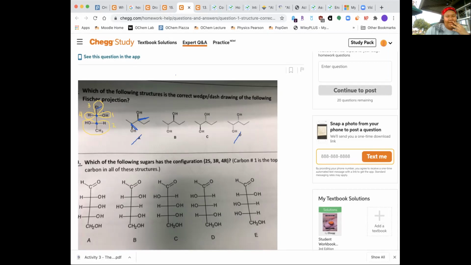Okay. So this would be past stereoisomers, huh? Fisher projections. I would think so. Yeah. Okay. Let's see.